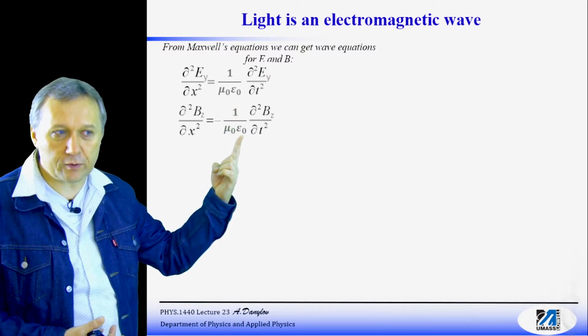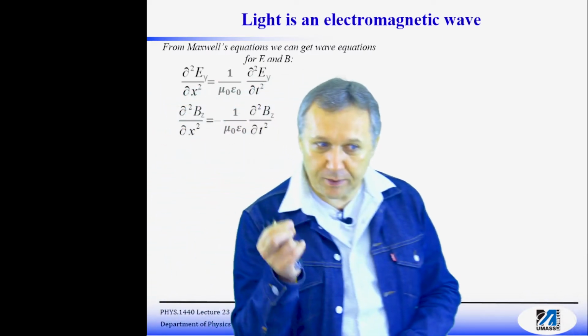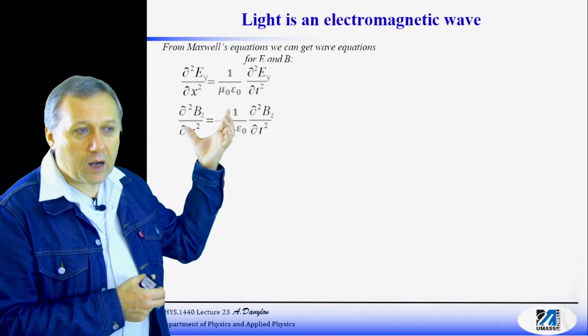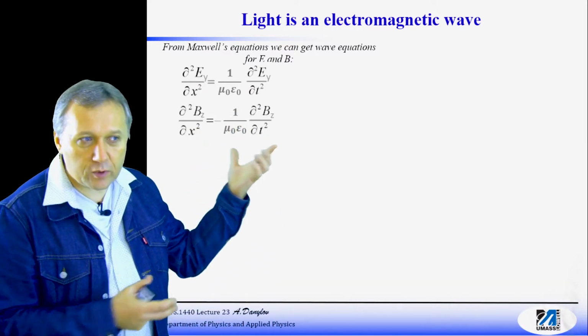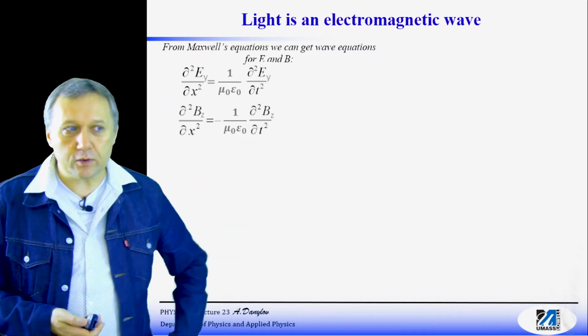These two waves propagate with the same speed, and that speed is constant, because it is formed out of universal constants, mu naught epsilon naught. So that speed is some kind of new constant.